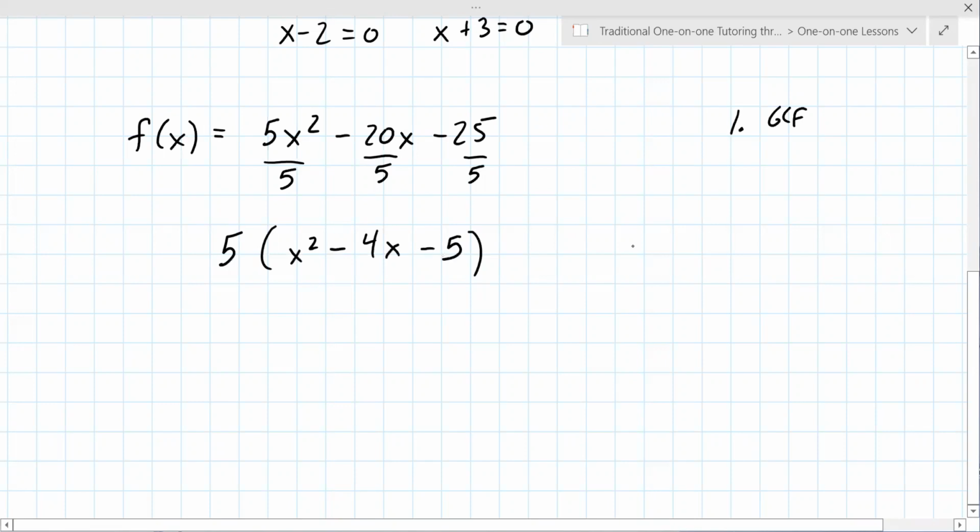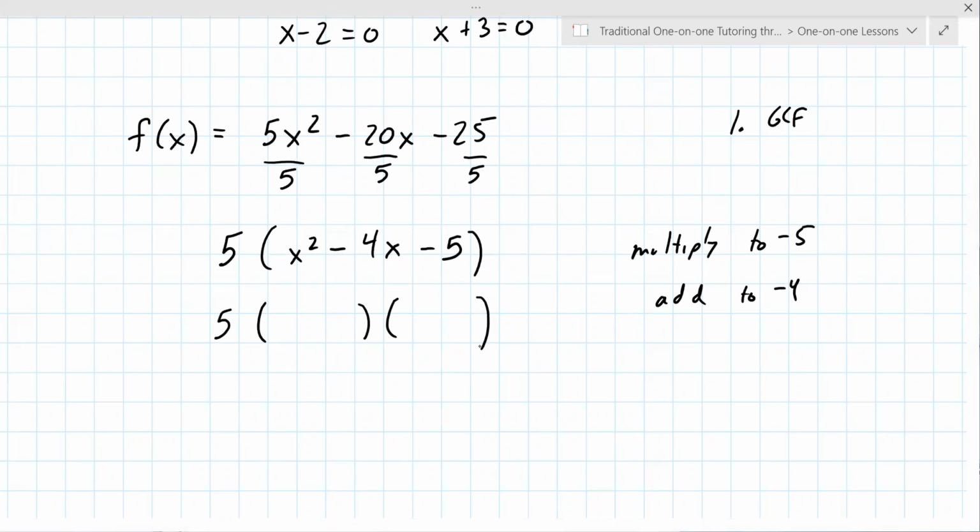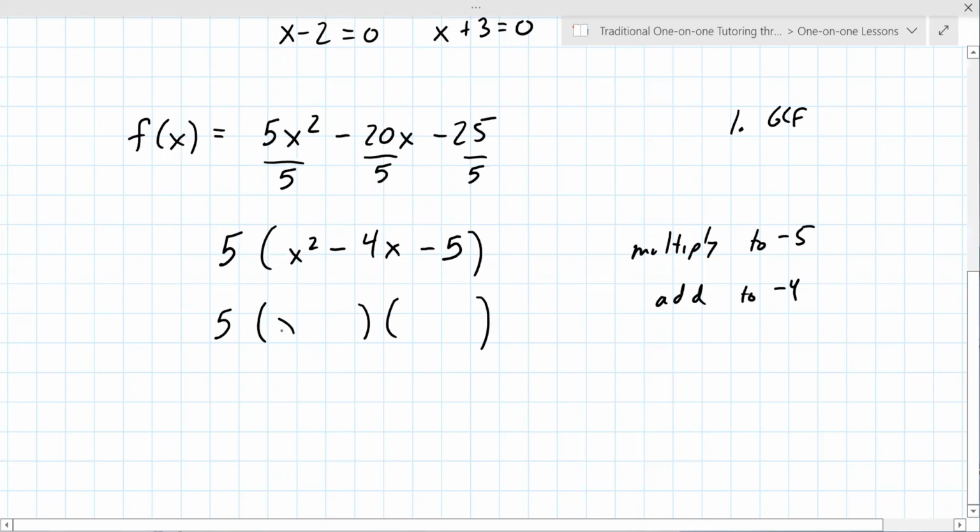Good. So now you want two numbers that multiply to -5, but add to -4. -5 and +1.